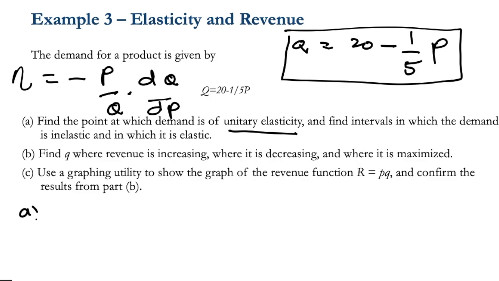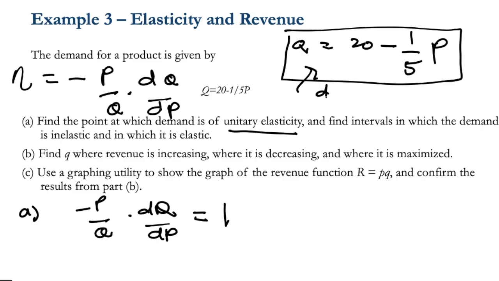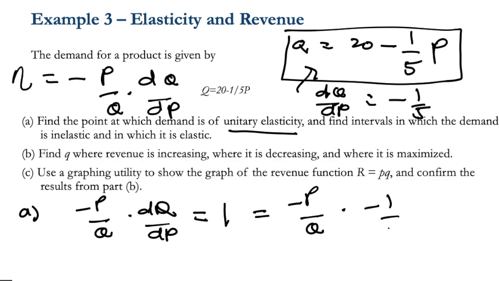I'm trying to answer question A. Minus P over Q times dQ over dP must be 1. From this equation, dQ over dP is what? Minus 1/5, isn't it? So minus P over Q times minus 1 over 5.